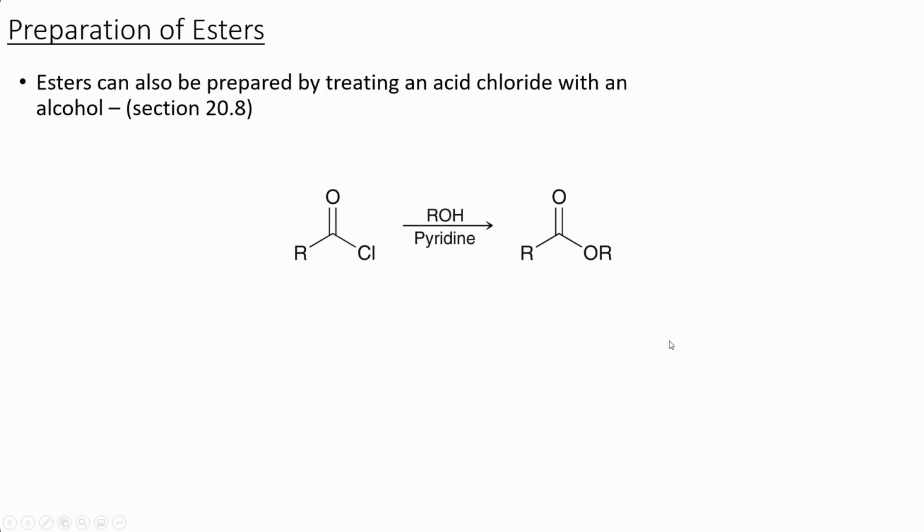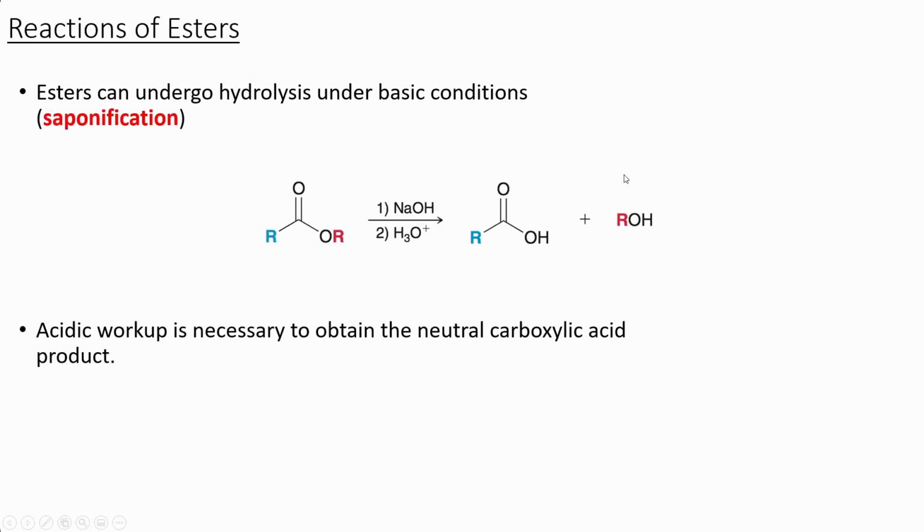We can also prepare an ester through the treatment of acid chloride with an alcohol. This mechanism was shown earlier in the PowerPoint. Esters can undergo hydrolysis under basic conditions. We can convert an ester back to the carboxylic acid using sodium hydroxide and with an acidic workup.